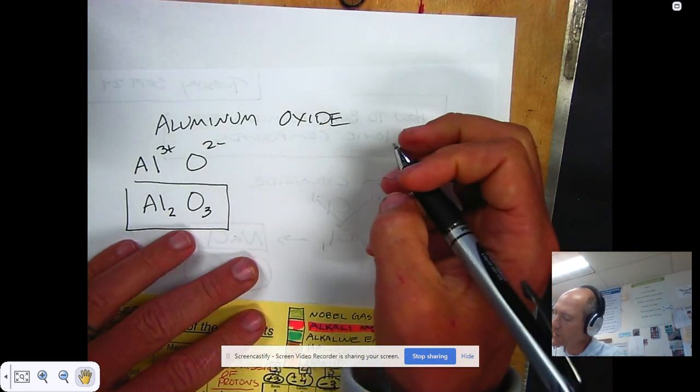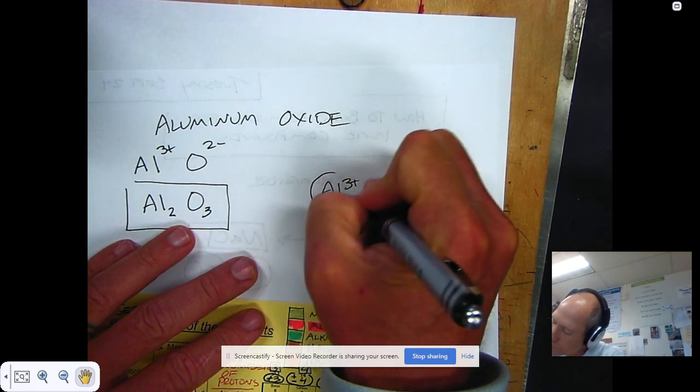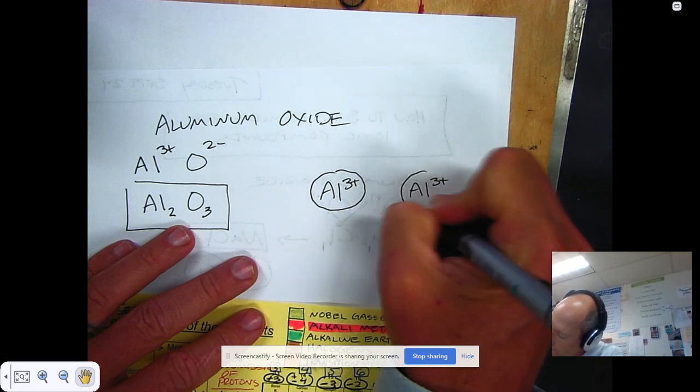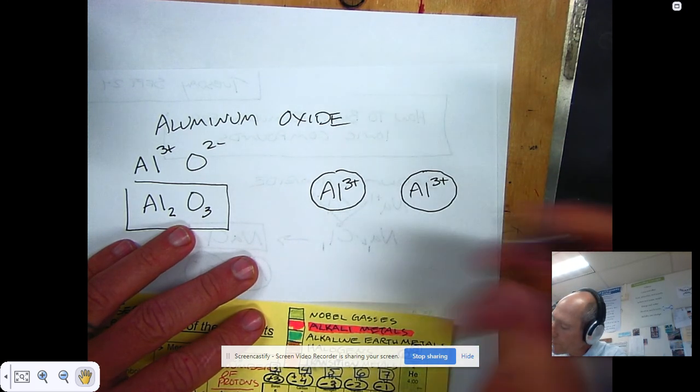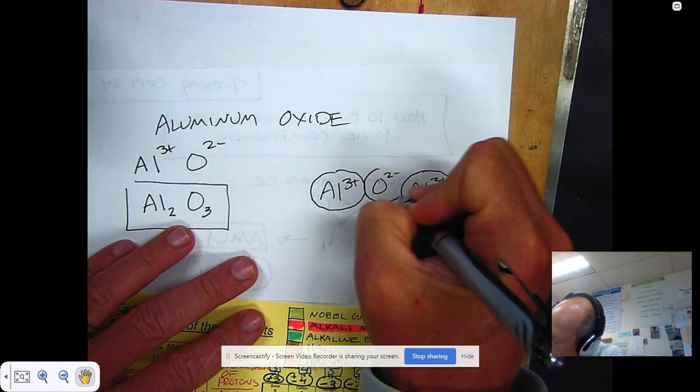And here's the justification. We've got aluminum ions that have a charge of 3 plus. And then we've got oxide ions with a charge of 2 minus.